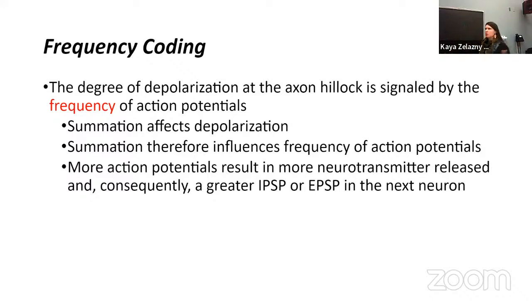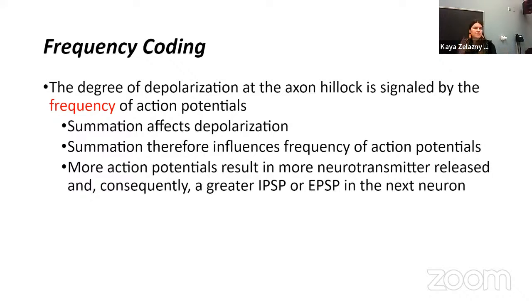So summation is going to affect depolarization, because we can add together the effects of our postsynaptic potentials of receiving these neurotransmitters, depolarizing or inhibiting. This is then going to affect how many action potentials we set off from the second cell.